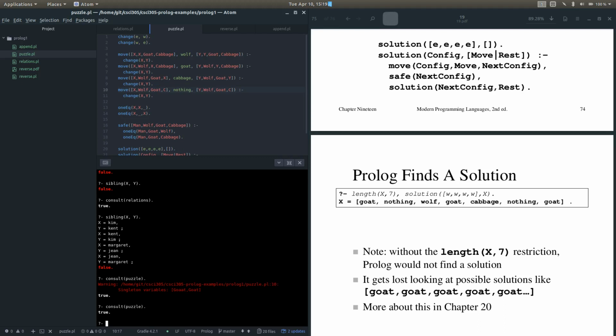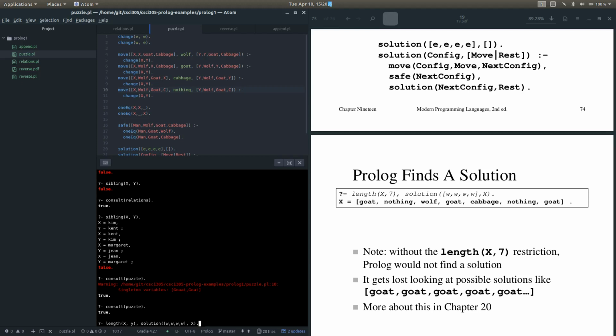Consult that, and then we say length x7 and solution, our initial position and x, right, the actual solution. So we're restricting with the length of x, right? So the length of the final solution, the move list, is restricted to no more than 7.